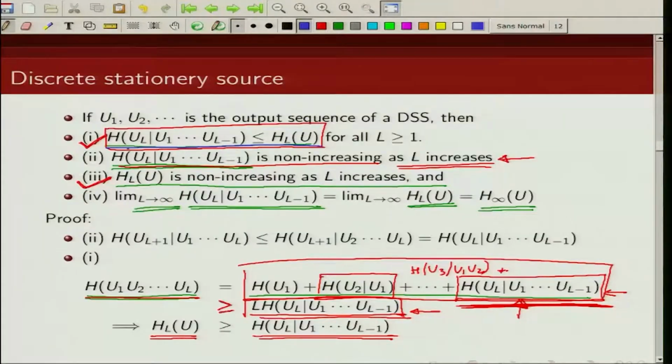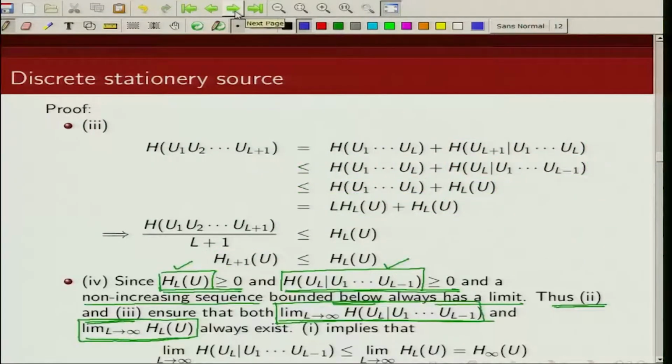Now if you let L go to infinity, then uncertainty in UL given U1, U2, UL minus 1, when L goes to infinity, is less than or equal to the limit as L tends to infinity of HL of U, which we denote by H infinity U, and call the entropy rate.